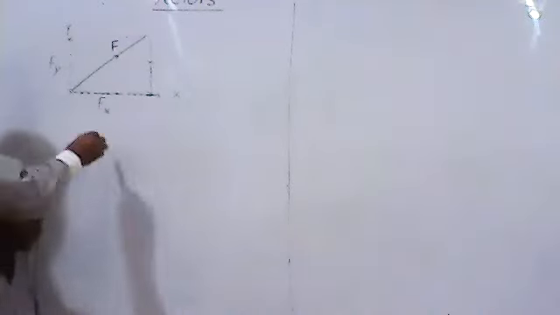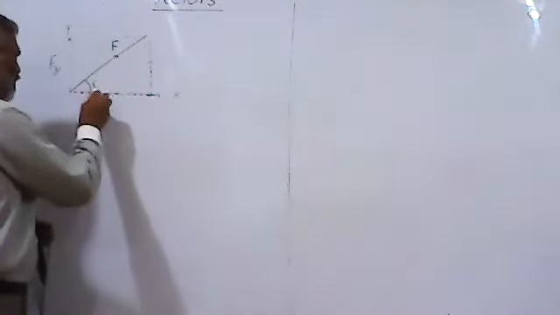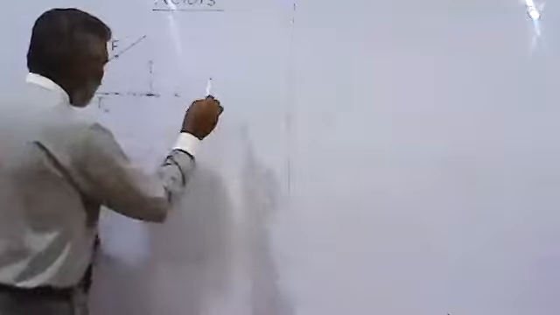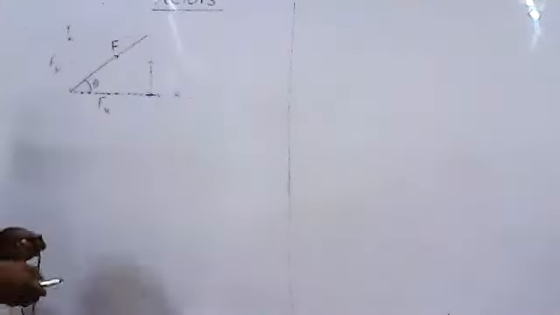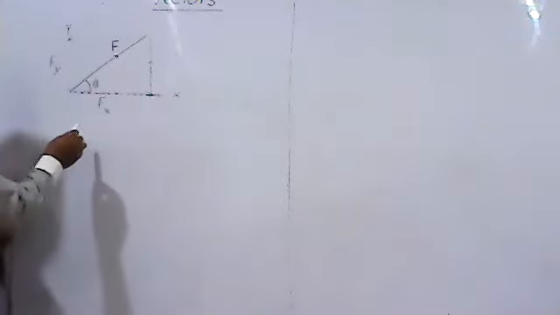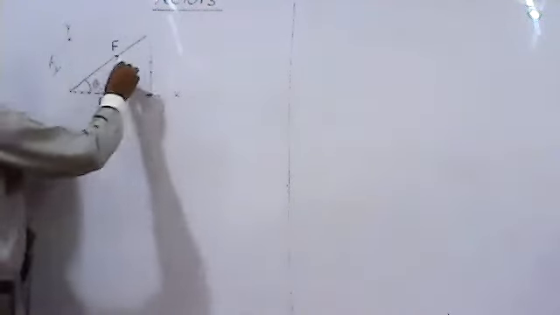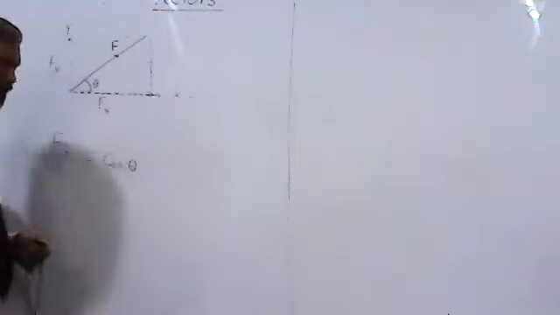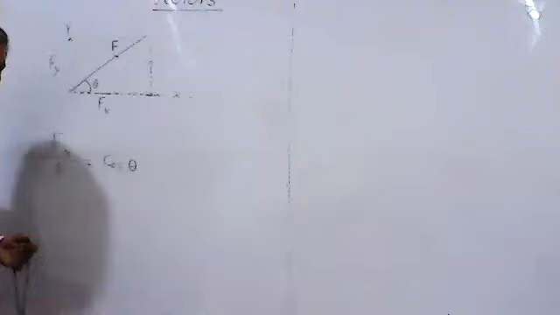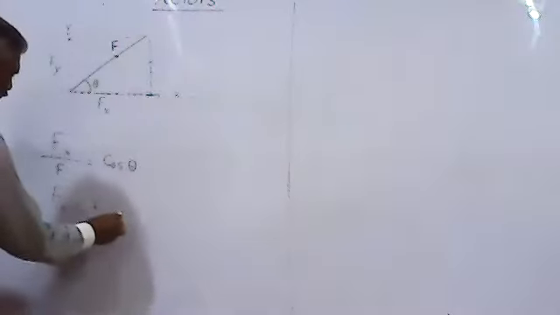If we know that this vector F makes a certain angle theta with this direction, which we term as horizontal or positive X direction, then it can be seen from trigonometry that Fx over F, I mean this divided by this, can be described in terms of a trigonometric ratio which we call cos theta, and therefore Fx is F cos theta.